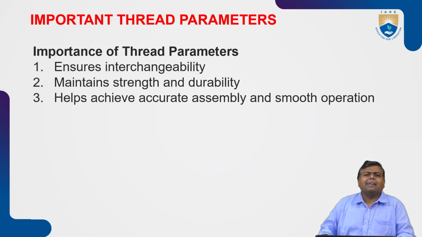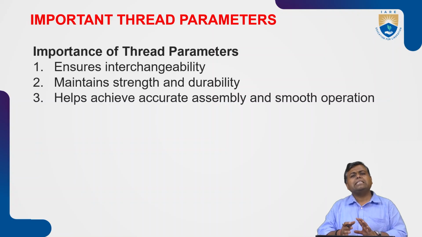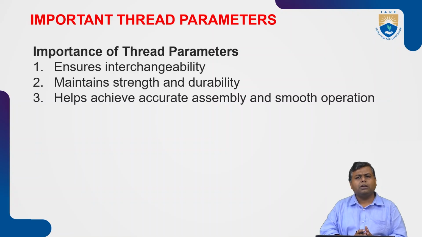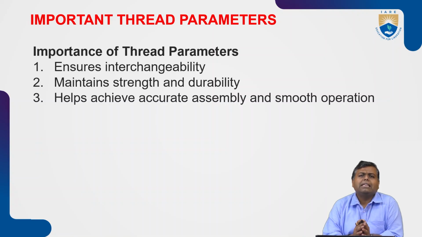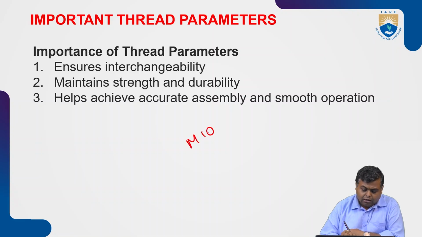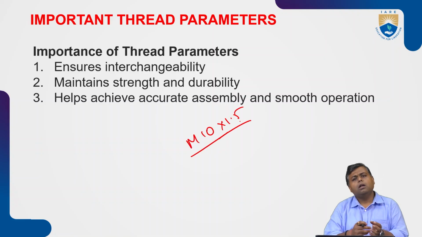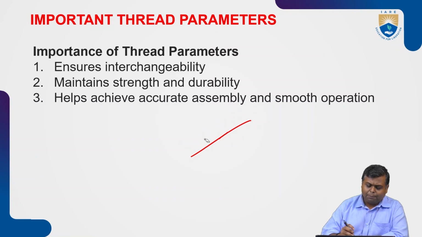Now, important thread parameters. Why are we studying thread parameters? We need interchangeability. Interchangeability is a very important concept with respect to screws because different manufacturers will manufacture screws, nuts, bolts, etc. So if I say M10 into 1.5, if I take it from one company, it should fit into another company's nut.